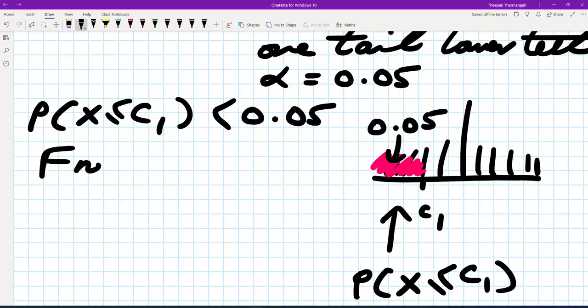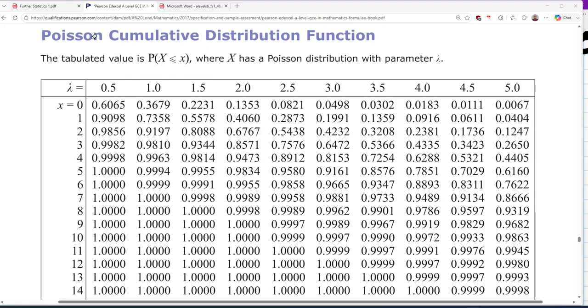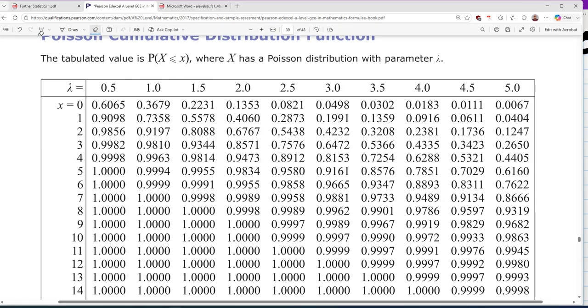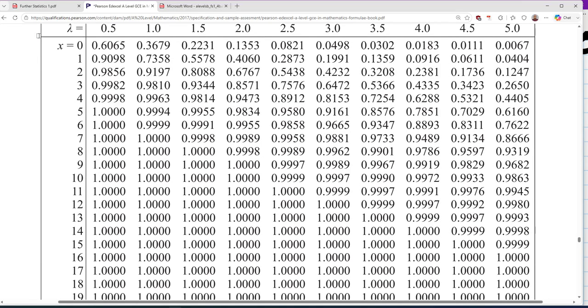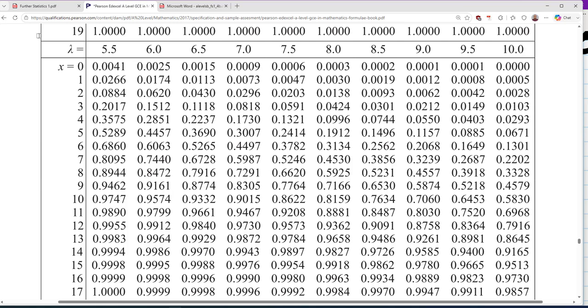So from tables, we're going to get our Poisson tables now, looking at lambda being 6. Go to lambda being 6, and get our highlighter. You want to find the value where we're greater than 0.05 and the value where we're lower than 0.05. Just write it down in our notebook.